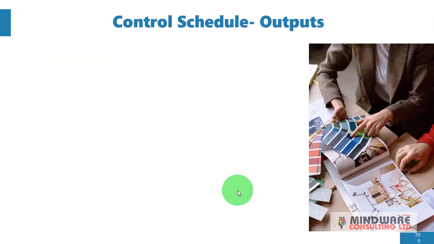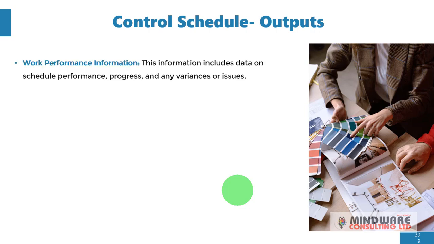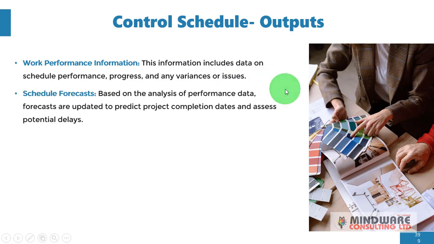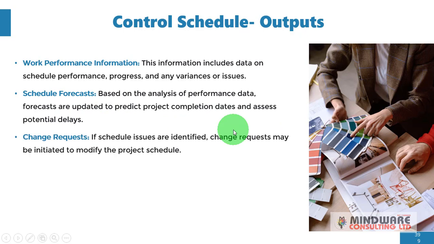What are the outputs from this process? First, you have your work performance information. This information includes data on schedule performance, progress, and any variances or issues. Of course, you're going to have that information being churned out from time to time. Then schedule forecasts: based on the analysis of performance data, forecasts are updated to predict project completion dates and assess potential delays.